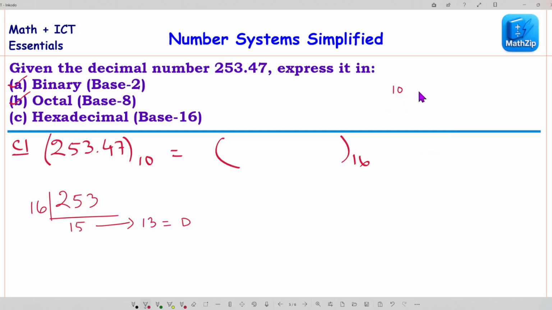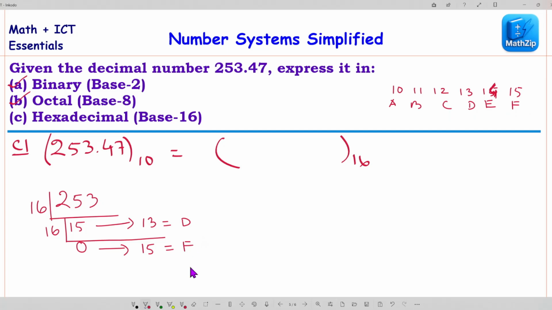Because 10, 11, 12, 13 are A, B, C, D. It was my mistake: 14 is E and 15 is F, right?